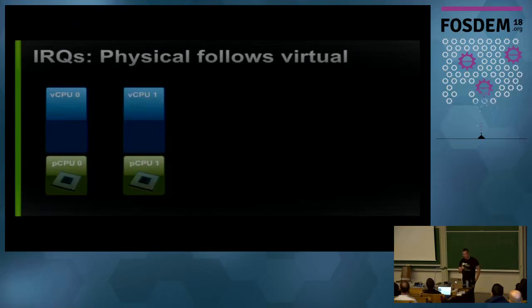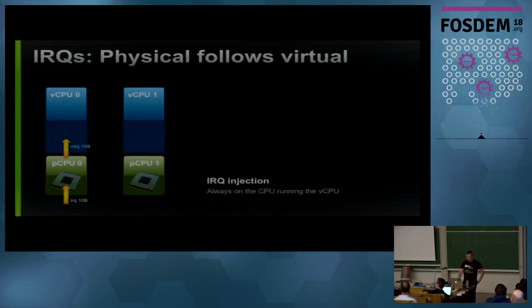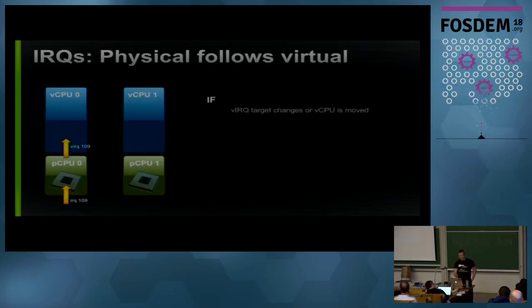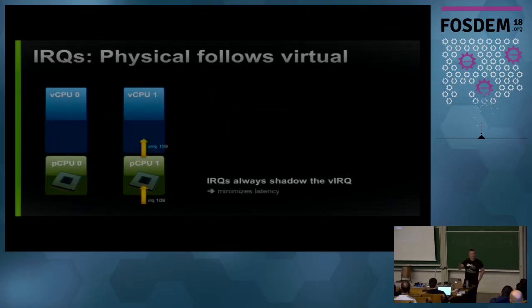Another interesting property is around interrupt latency. We have this concept that physical interrupts always follow virtual interrupts. When an interrupt gets injected, it's always injected on a CPU which is running the virtual CPU. If for whatever reason that is moved by the scheduler, then at one point that gets routed back to the other virtual CPU, and the next time around it comes in the normal way.